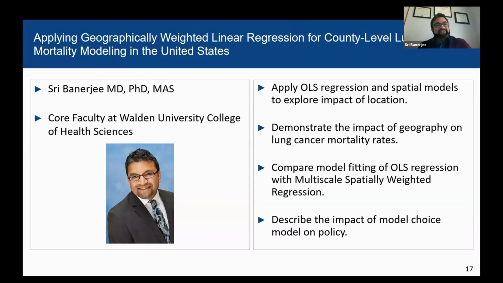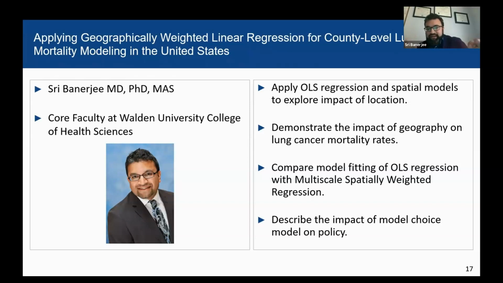So this talk is about a certain type of regression analysis, keeping geospatial considerations in mind. In this talk, what I will be doing is going over some comparisons between a traditional ordinary least squares linear regression versus spatial models, and then also demonstrate some of the impact that geography has on lung cancer mortality rates.